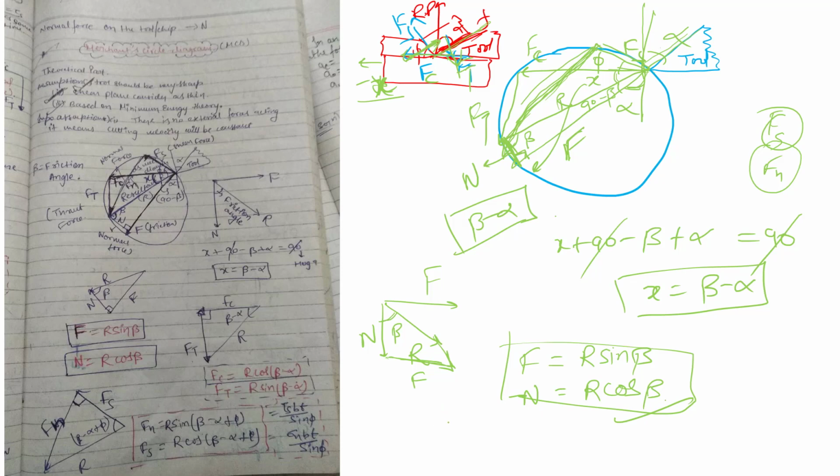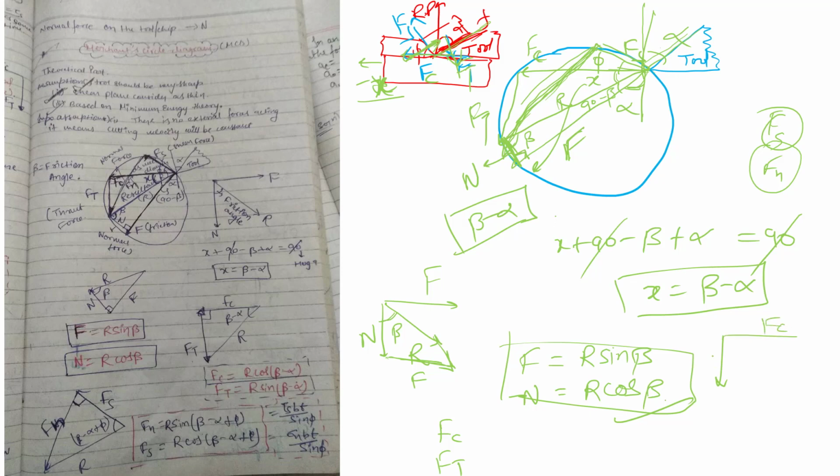Now move to how to find Fc and Ft. For finding Fc and Ft, we have to make the vector of both Fc and Ft, the cutting force and thrust force.